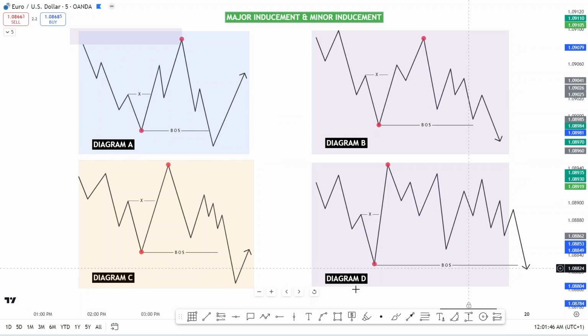We are going to wait patiently for price to break structure again. What happens if price breaks this low? If price breaks this low, we are not taking any action. We wait patiently because the actual break of structure is this, since this move is just an internal move. Of course, it was the one responsible for taking out the inducement.